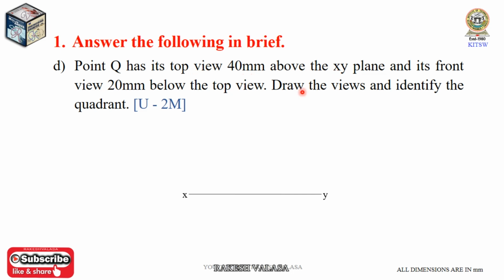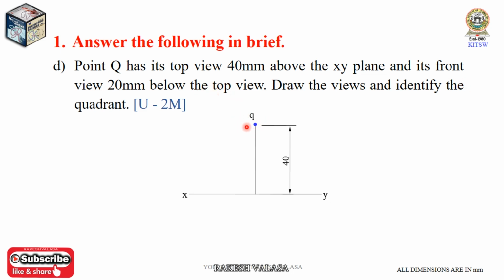Above the XY means locate one point on XY. From that point, draw the 40 mm vertical line. This point is named Q, 40 mm above the XY. Give the dimension. The next point is its front view, 20 mm below the top view.